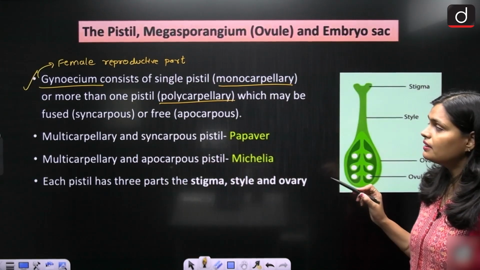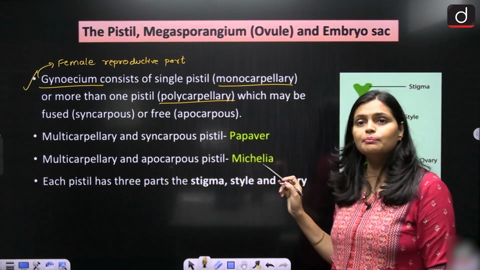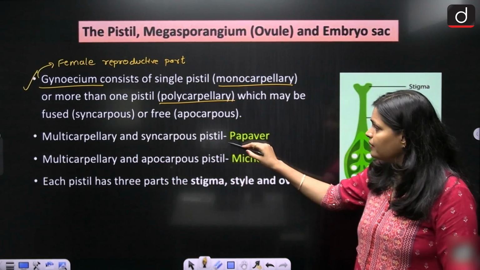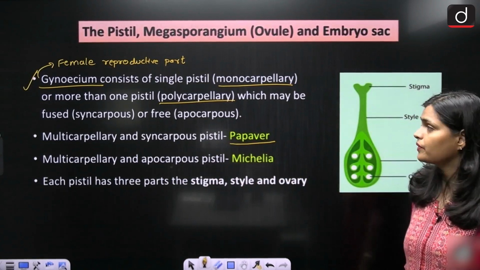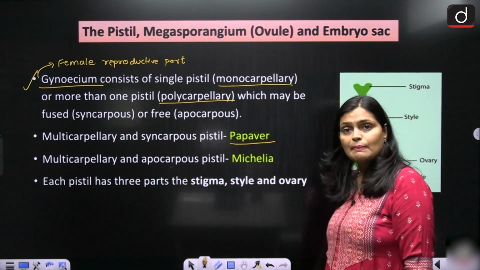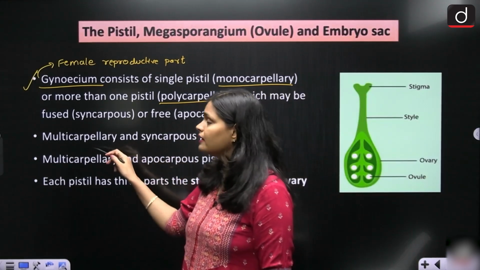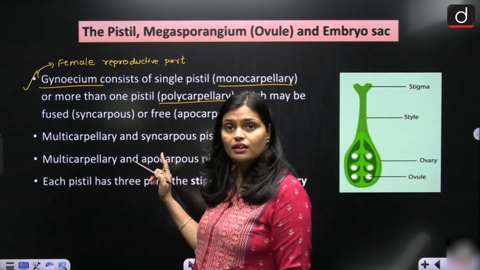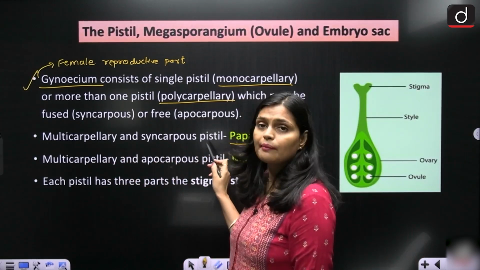So multicarpillary and syncarpous pistil, example you will get in papaver. In case of papaver, you have multicarpillary, more than one pistil, and a syncarpous situation.